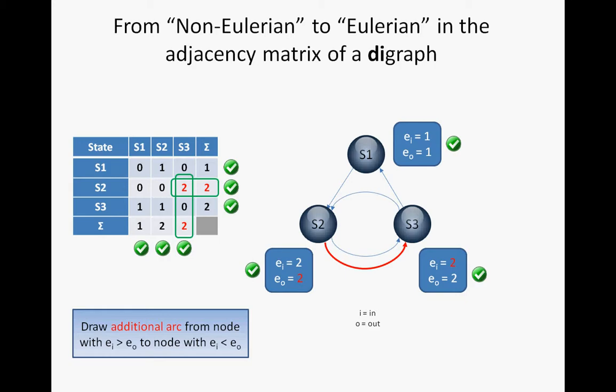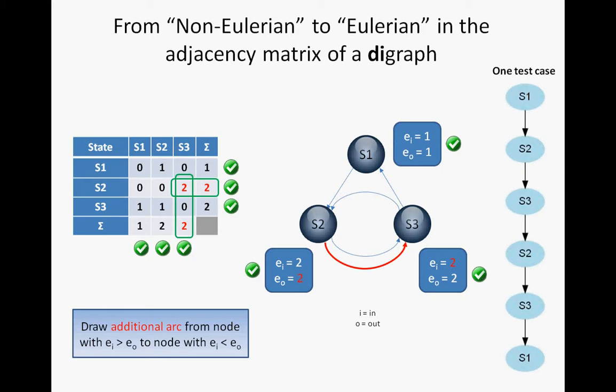What does this mean for the tester who is trying to cover the state diagram with 3 states, S1, S2, and S3 with test cases? It looks like now, as we have an Eulerian graph, we can draw along all edges without lifting the pencil, or create one single test case which covers all states and transitions.